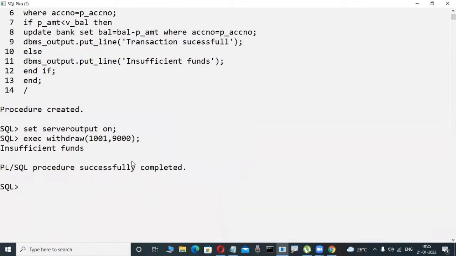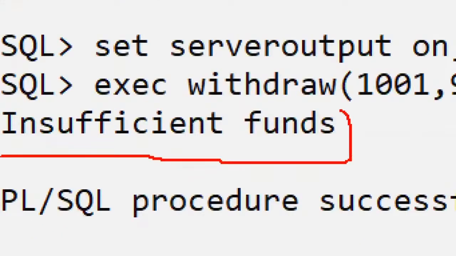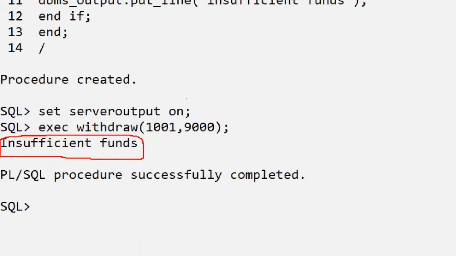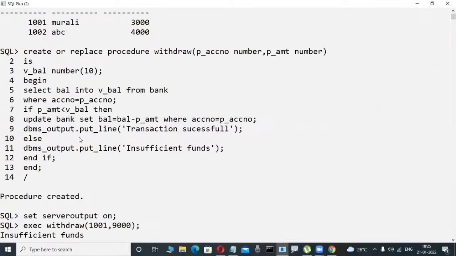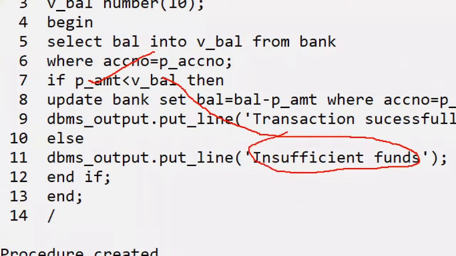No. So now it will give the message: insufficient funds. How is it possible? This coding is executed. Whatever I'm writing is executed. Your amount is more than the available balance, that's why insufficient funds. It will display the message, yes.